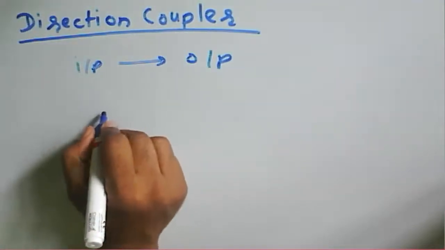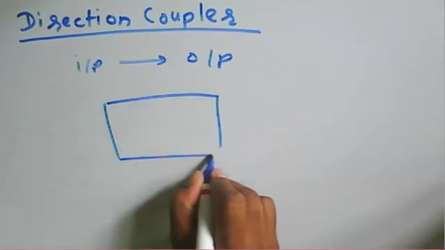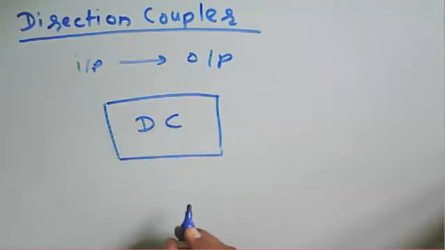Now, how does a directional coupler look? Suppose we have a 4 port directional coupler. So this is a directional coupler.